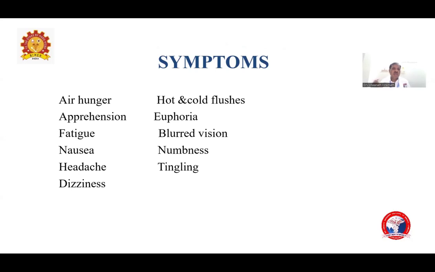Brain needs oxygen, and when it is not getting adequate, there will be fatigue, air hunger, nausea, headache, dizziness, euphoria, blurred vision, numbness, and tingling.